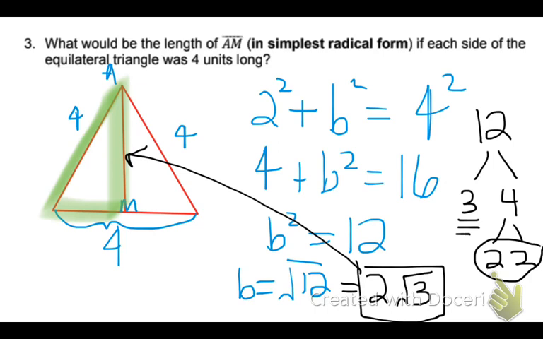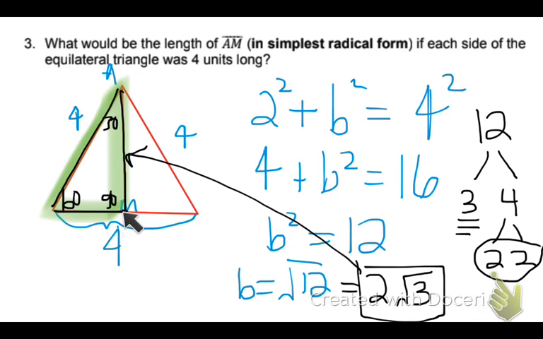So if you look back again at your formula chart, the pattern, it works the same way. So if this triangle right here is my 30, 60, 90 triangle, where that one was 60, that one was 30, and that one was 90, then this side from here to here was 2.